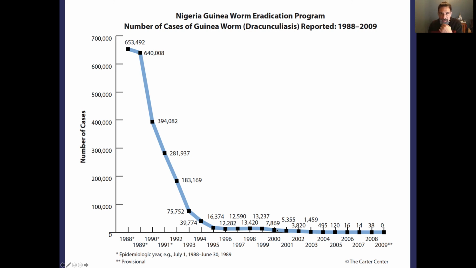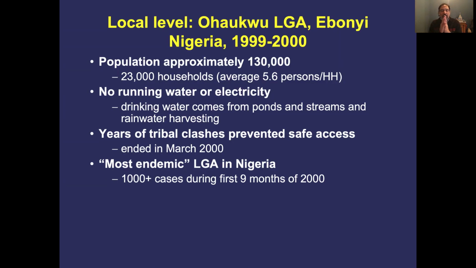And I ended up going into a part in southeast Nigeria in Ebonyi State in a local government area, or LGA, called Ohaukwu. And that was a local government area that had the most Guinea worm cases in the country.